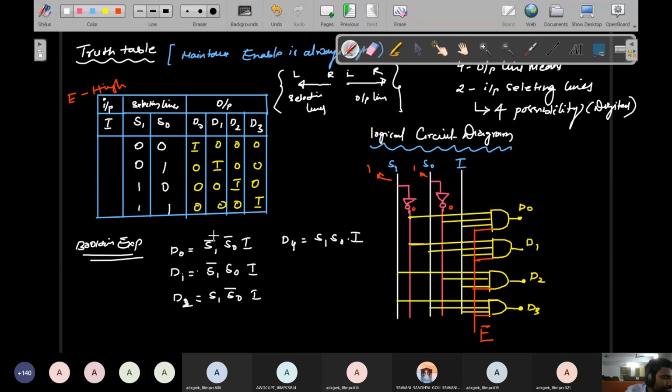So right now I will move to the 1:8 multiplexer.